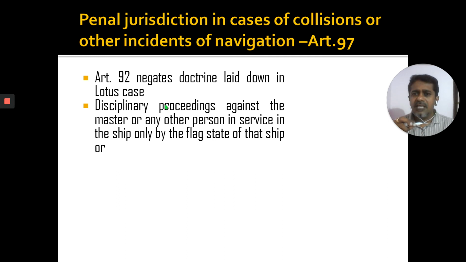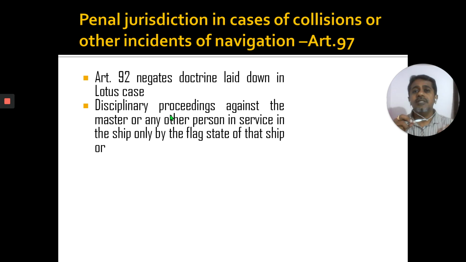It says that disciplinary proceedings against the master or any other person in service in a ship can be done only by the flag state of the ship. That means the state to which the ship belongs. If any disciplinary or other proceedings are to be initiated against the master or any other person in the service of the ship, who can do it?